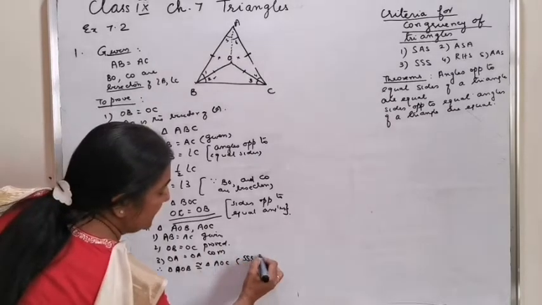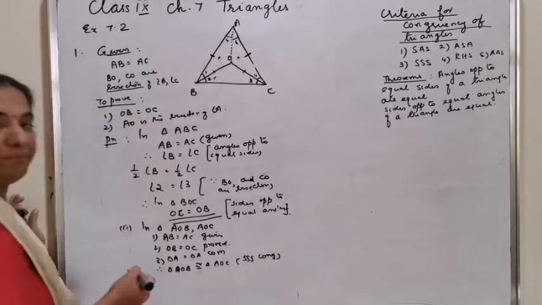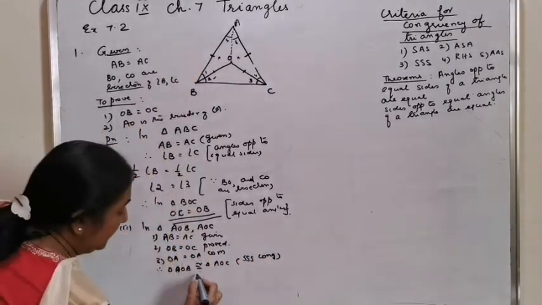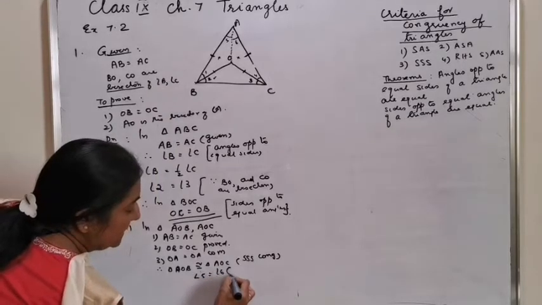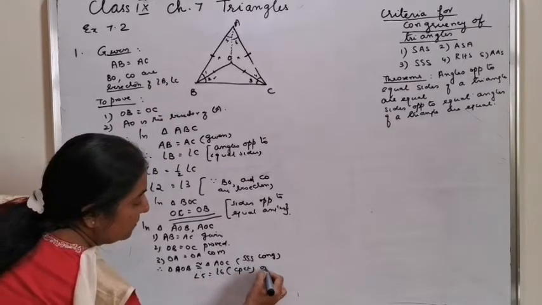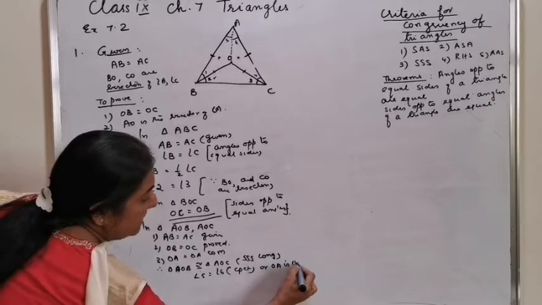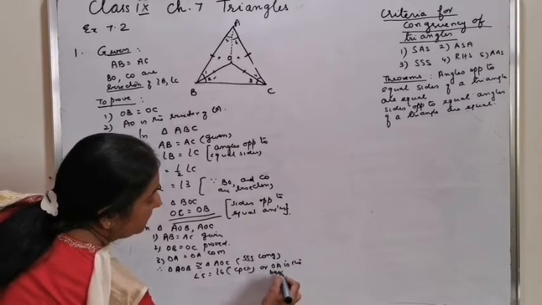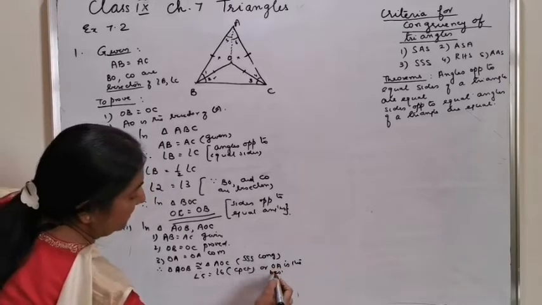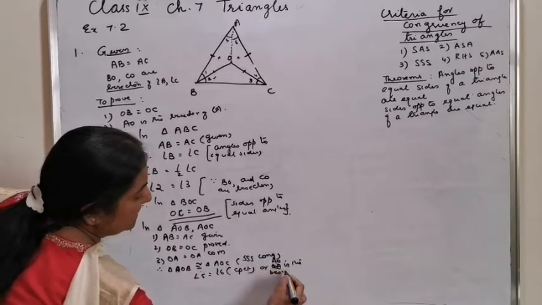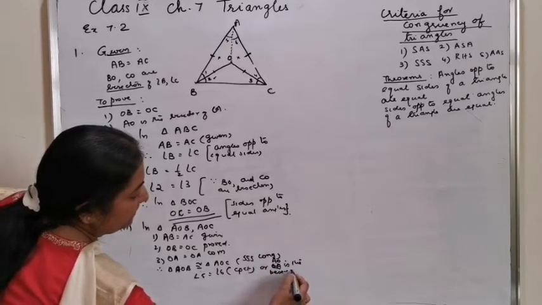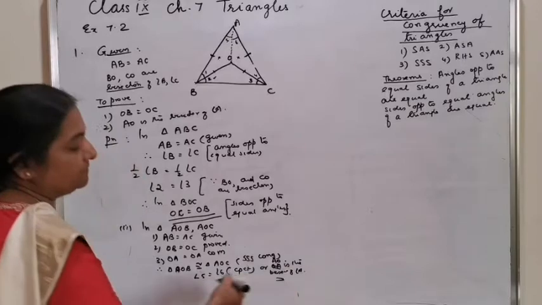That means SSS congruency. Immediately, angle 5 is equal to angle 6, CPCT, or AO is the bisector of angle A.